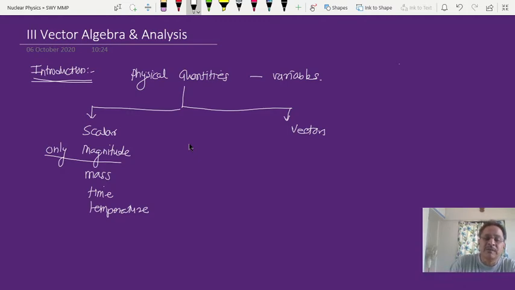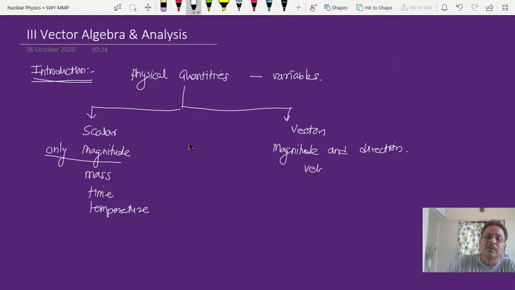Whereas in vectors we require magnitude to be specified and direction. So two attributes are needed for these physical quantities to specify them completely. Complete specification of these physical quantities is possible only when we specify magnitude as well as direction, and there are several common examples.